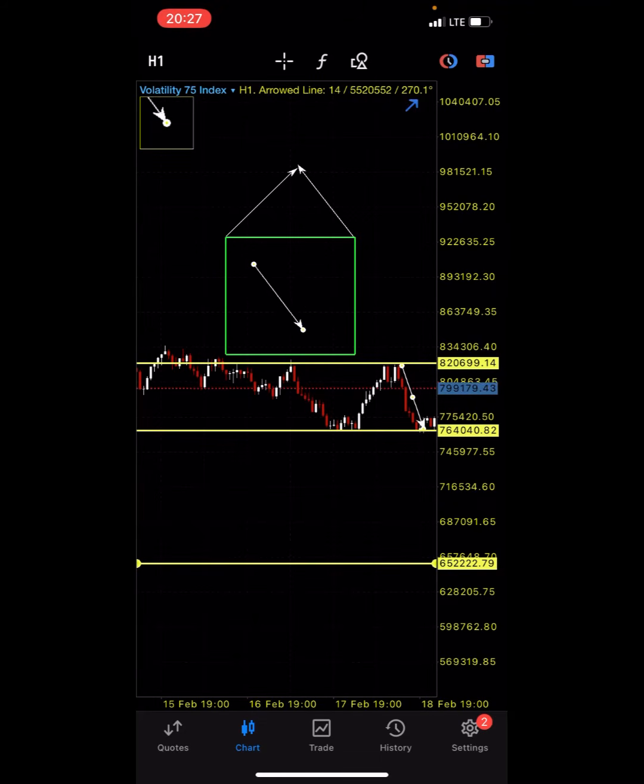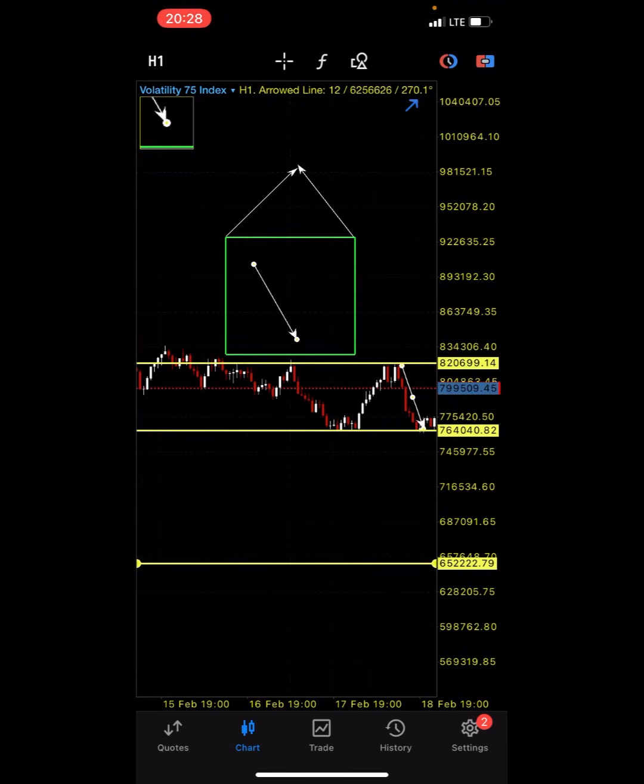The ball goes back up. Am I communicating? If I am communicating, please comment yes, you're communicating. Now the ball bounces back straight up to where? To the roof, right?